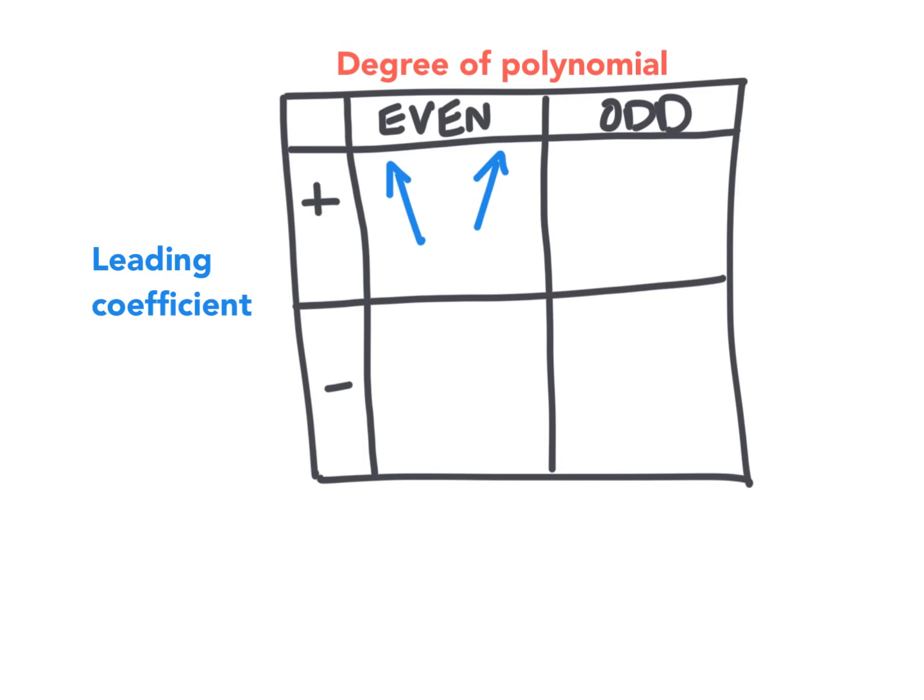And if the leading coefficient is negative, they'll both end going down. If they're odd, they like to end in opposite directions. If it's positive, it'll end to the right going up, so it'll start down. And if it's negative, it'll start by going positive and then end going off to negative infinity. So this is like a nice little table to have as well.